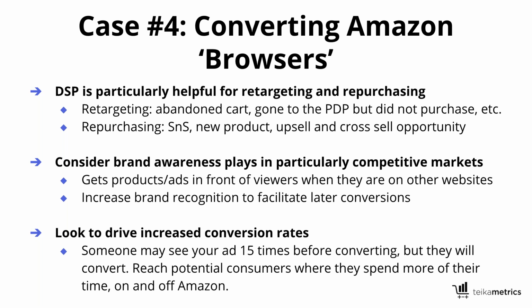It's being patient, playing that long game, and reaching those potential consumers where they spend most of their time, both on and off Amazon. So we're really able to pull different levers, tap into audiences that are relevant to yours using Amazon data, and go after the people that are most likely to convert while broadening your reach.